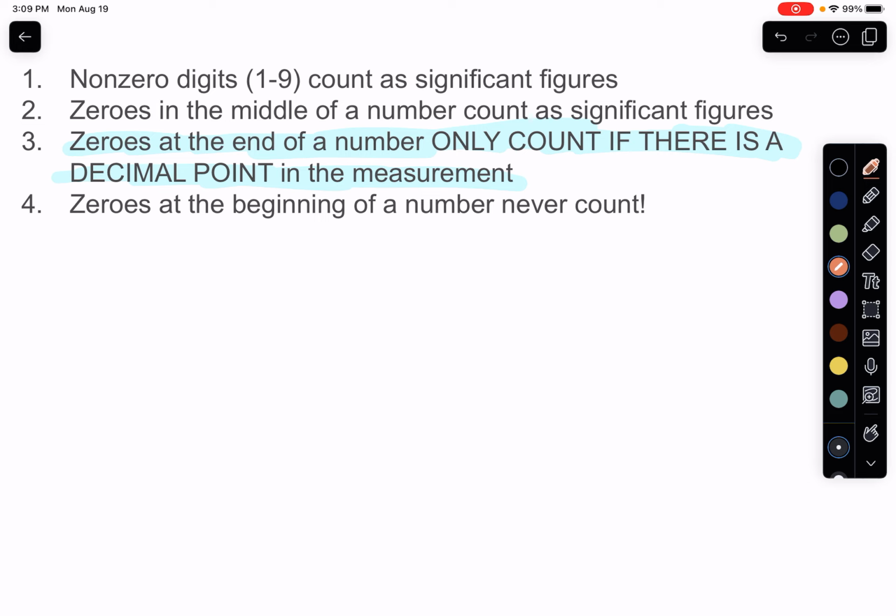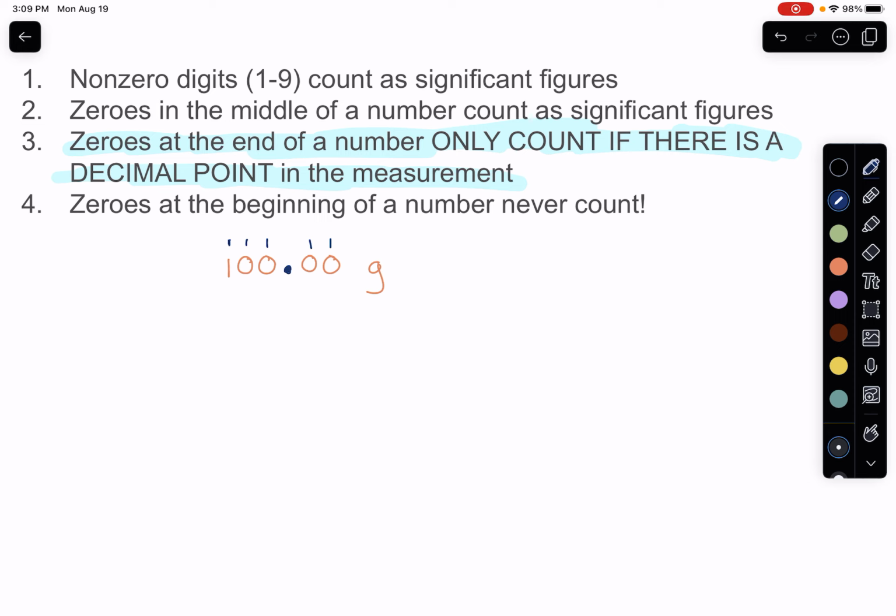So, for example, if I have this measurement, 100.00 grams, I count the 1 because that is a non-zero digit, and then there is a decimal point in the number, so I count all of the ending zeros.